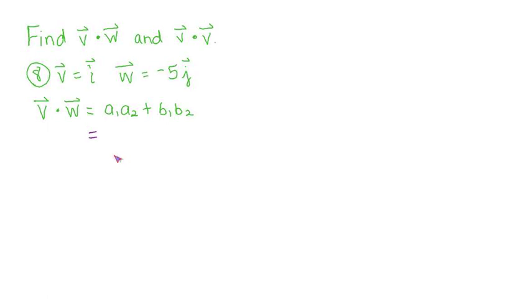It would be 1 times, now there is no i component in w, so that's just going to be 0, plus 0, because there's no i component there, times, there's no j component in v, so it's 0, then times negative 5, that's our b sub 2, or our j component in w, and that gives me 0. So the dot product of v and w is 0.